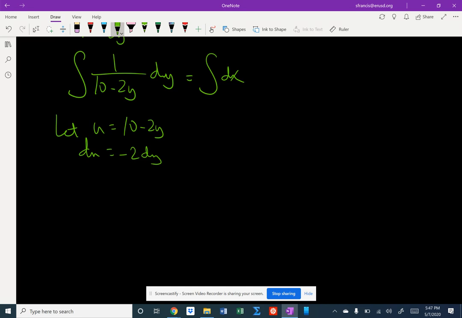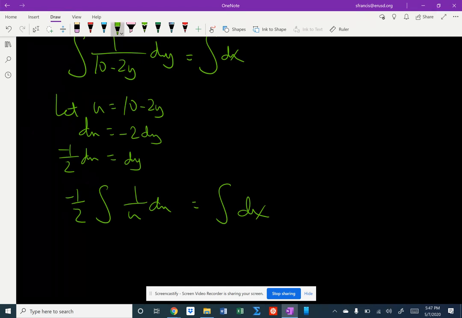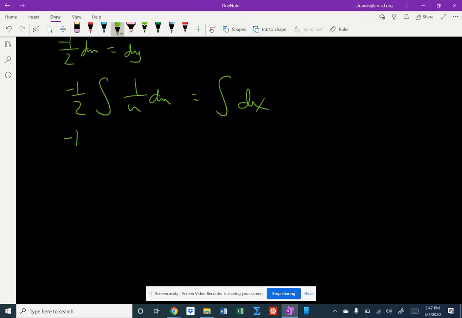Get this over here, and so we get a negative 1/2 du for the dy, and so this is negative 1/2 integral 1 over u du equal to the integral of dx. And so we get negative 1/2 natural log absolute value of u equals x plus a constant.